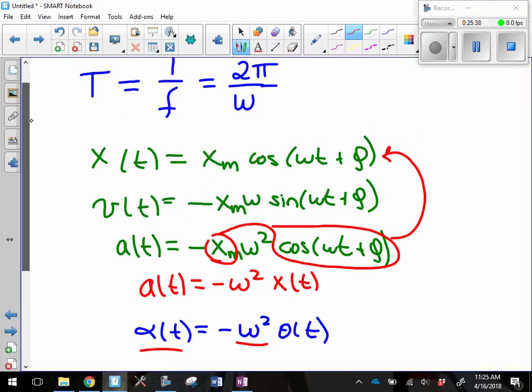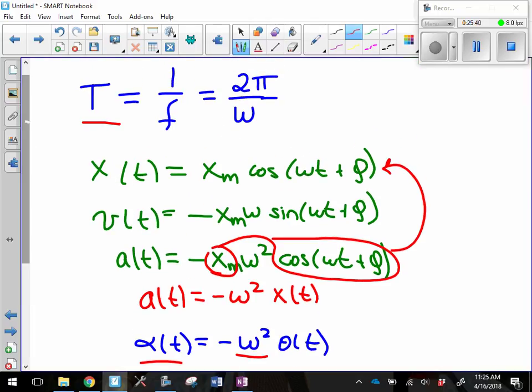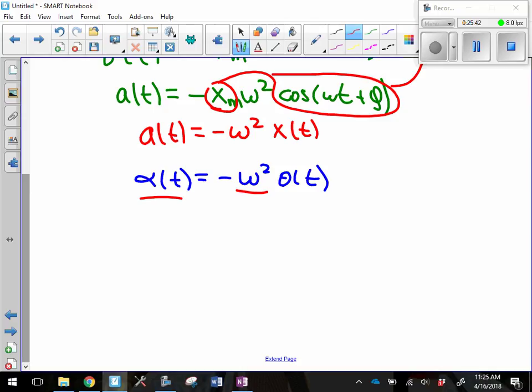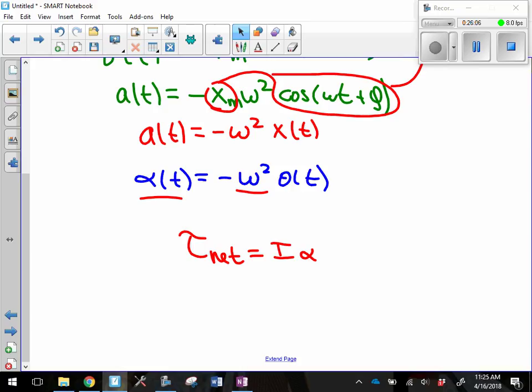And if I have omega, I can find capital T. Okay. So what kind of equations does alpha come into? It's in the equation for torque. Okay, and what's net torque equal to? I alpha. All right, so let's look at that for a minute.